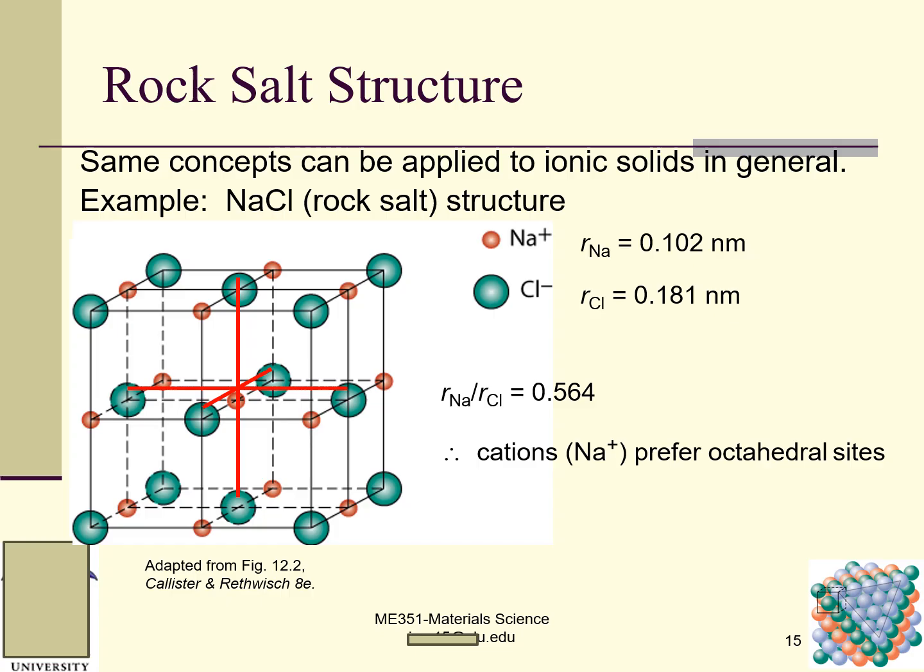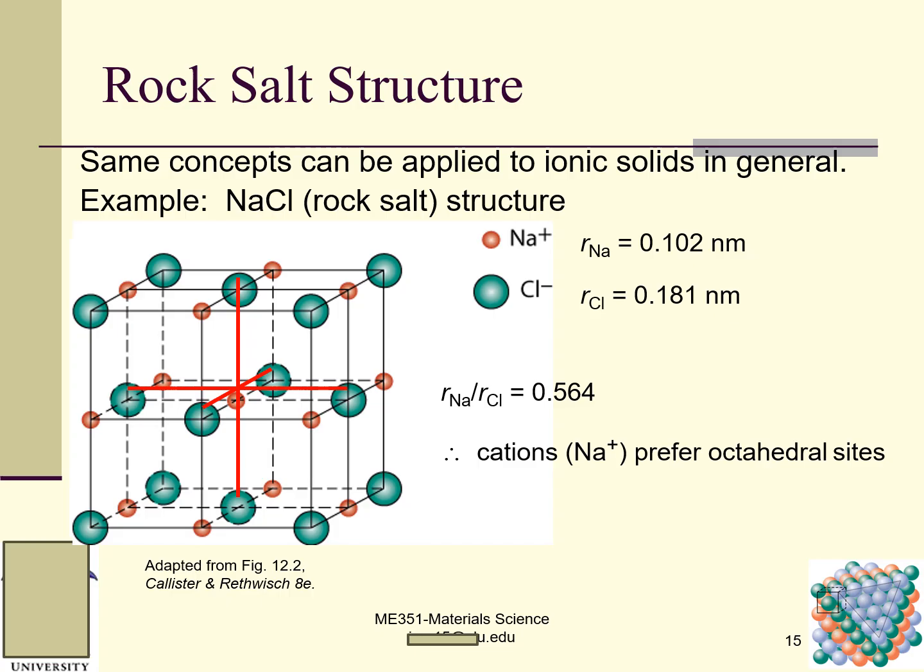The same concepts can be applied to ionic solids in general. Right? So this is an example: sodium chloride, the rock salt structure. This is a big anion, and this is sodium, a cation. This radius equals this many nanometers, and the chlorine ion radius equals 0.181 nanometer.